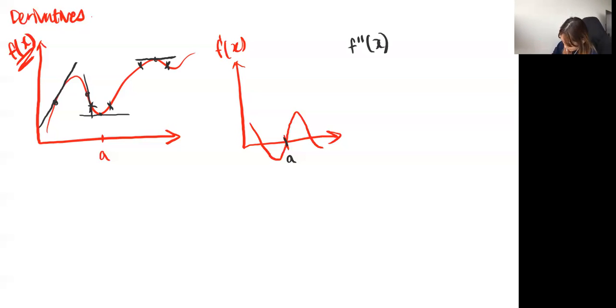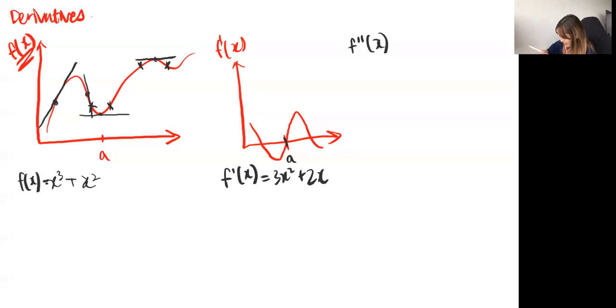So for example, if this function was x cubed plus x squared, yeah, let's just say this is the function. Again, not accurate, not to scale. Our derivative would be 3x squared plus 2x. And then our second derivative would literally be just taking the derivative one more time. It would be 6x plus 2.